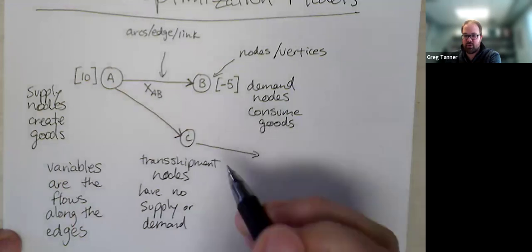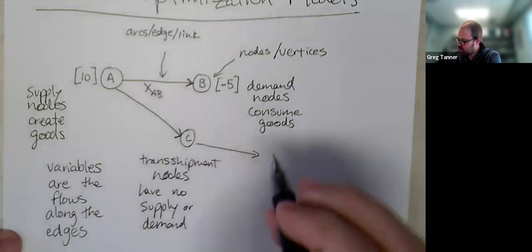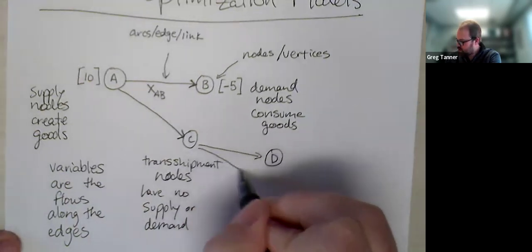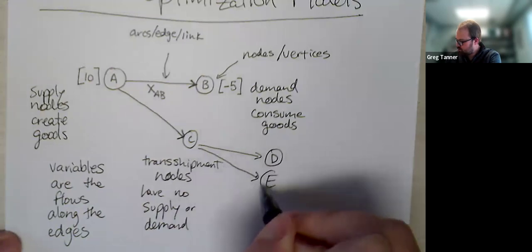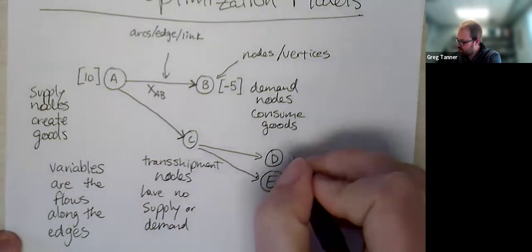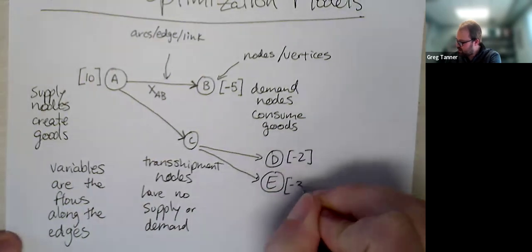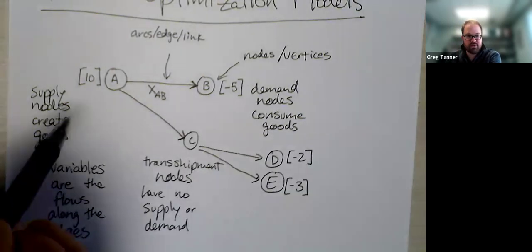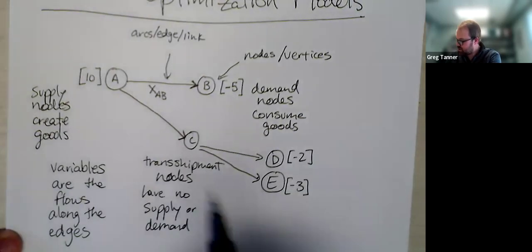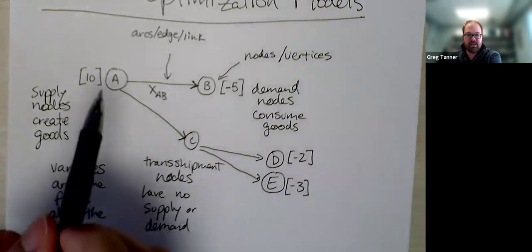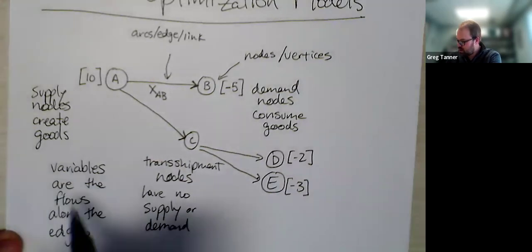Maybe there's a splitting where it could go from A to C and then on to another node D, or maybe it could go on to another node E. Okay, and maybe D has a demand of 2 units, and E has a demand of 3 units, so that we use up all of the supply that's coming from A. And so C is a transshipment node, B, D, and E in this scenario are all demand nodes, and A is a supply node.